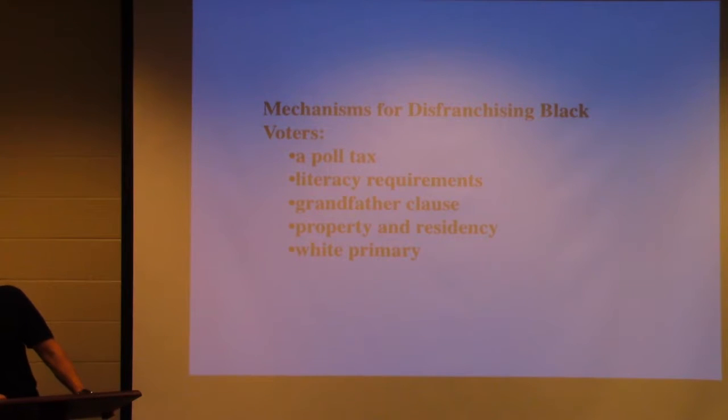Well, what that does is it takes advantage of the fact that black people in the South in this period of time are extremely poor. I told you that the sharecropper is constantly falling into deeper and deeper debt. If you're falling into deeper and deeper debt, you have to think twice about paying even a small poll tax before you vote.